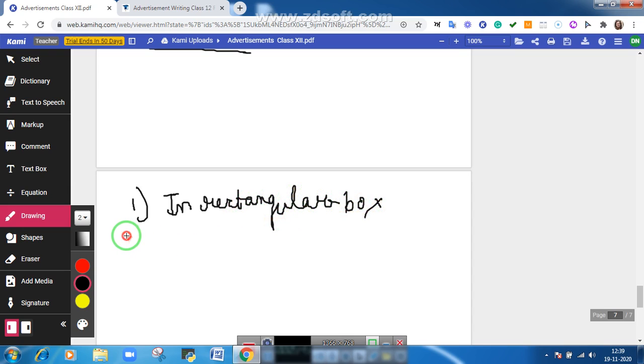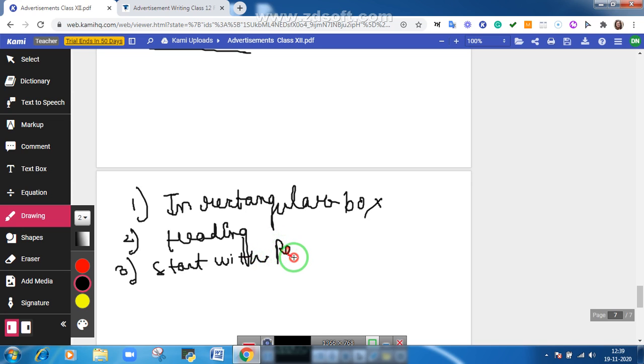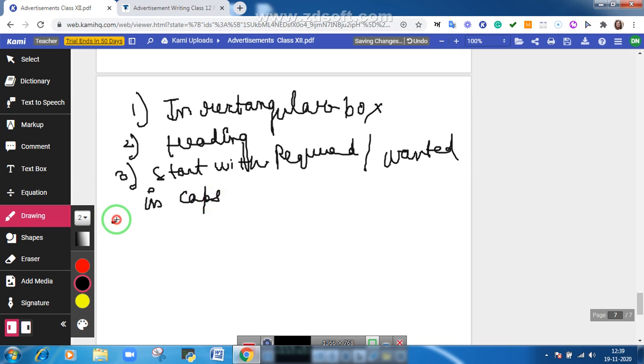Okay, this is the first thing. Second, heading. Third, start with required or wanted in caps. Always start with required or wanted in caps. Fourth one, remember 4 full stops.